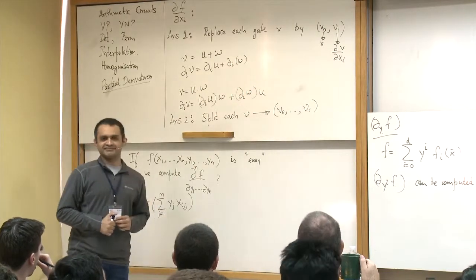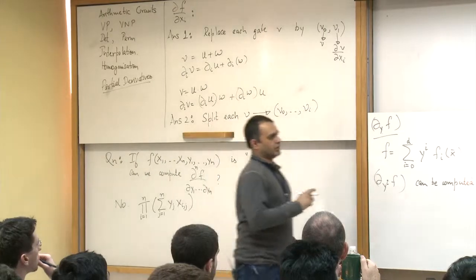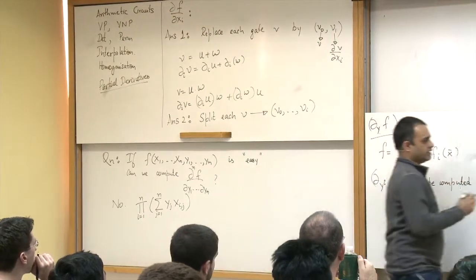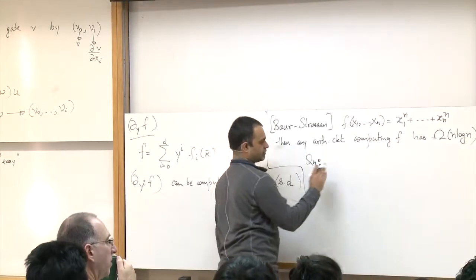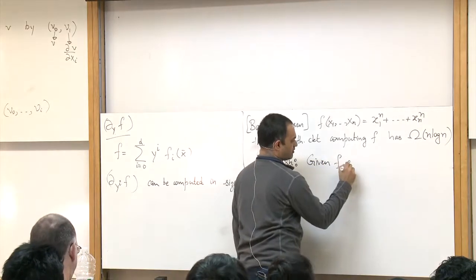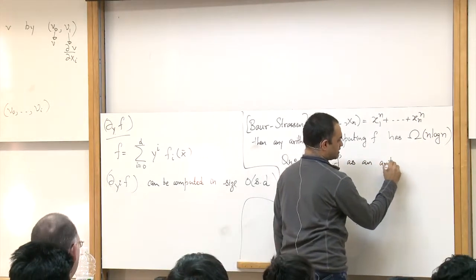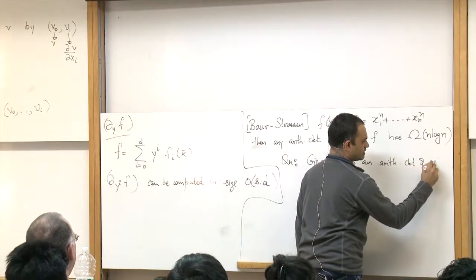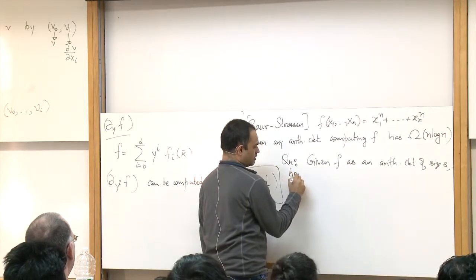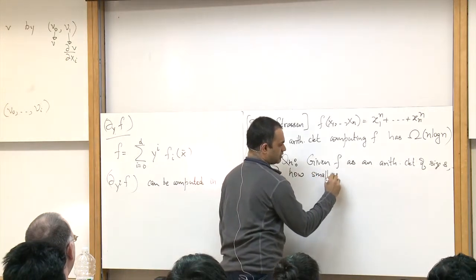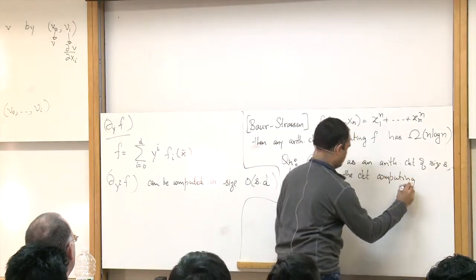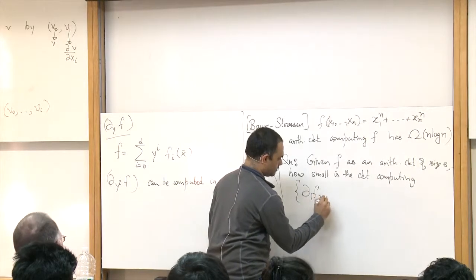Things are not that bleak. But one of the key ingredients in Baur-Strassen is the following question, which would be the main thing for this: given f as an arithmetic circuit of size S, how small is the circuit computing del 1 of f?